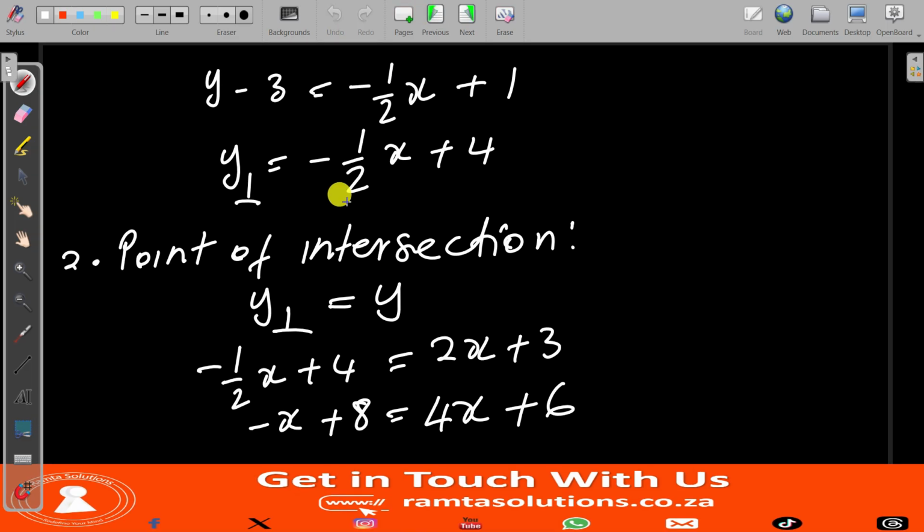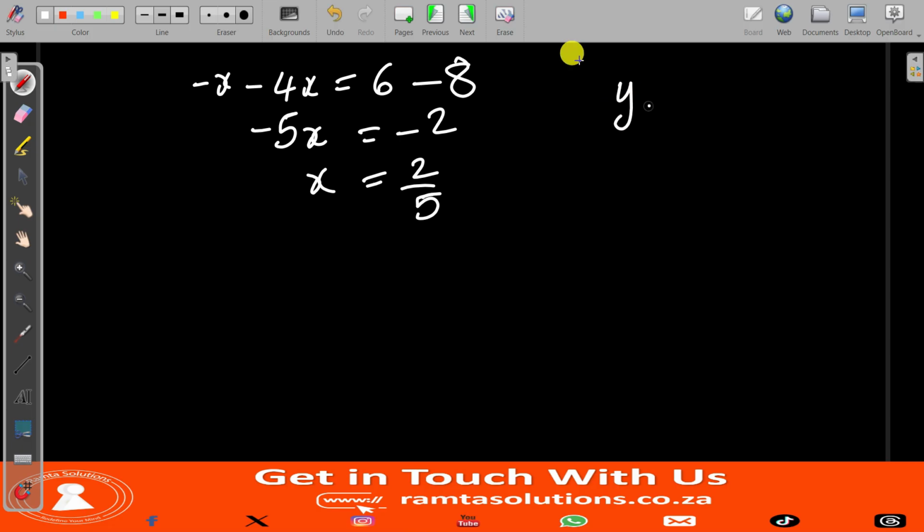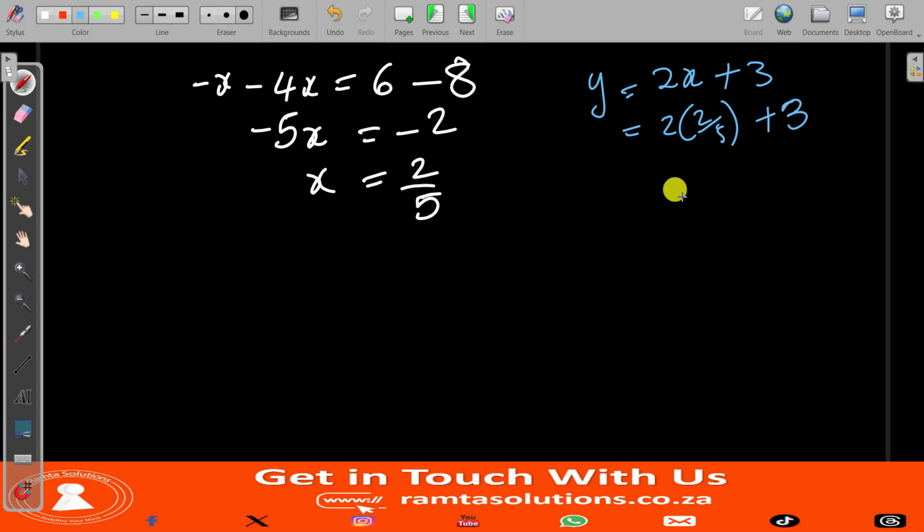Now, substitute this value into either equation of the perpendicular line or the given equation, whichever you like. So let me just use this one here. Y equals 2x plus 3. So let's see. This looks like 19 over 5, right?